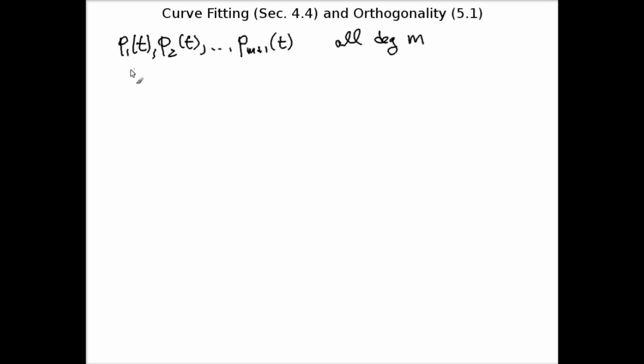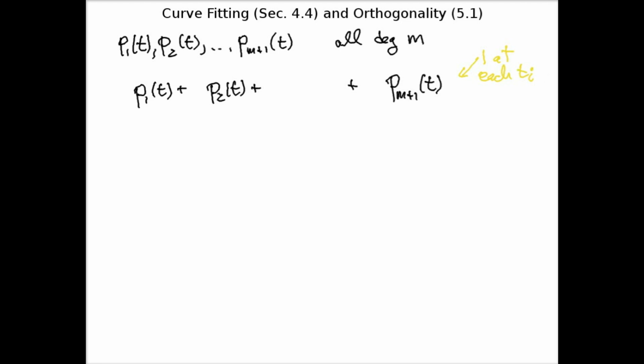And if I add up these polynomials, p1 of t, plus p2 of t, plus dot dot dot up to pm plus 1 of t, what kind of polynomial would this be? This polynomial would be 1 at t1, and all the other terms are 0, and 1 at t2, and so on, up to 1 at tm plus 1. This polynomial would be 1 at each ti.